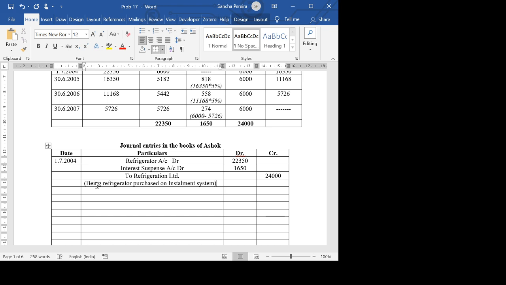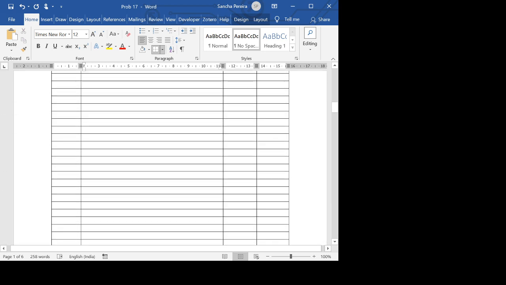Now since we are doing the ledger accounts, we need to post these things accordingly in the ledger accounts. I hope you know how to post this. So we have three parts here. So it will be refrigerator account debit to Refrigeration Limited.